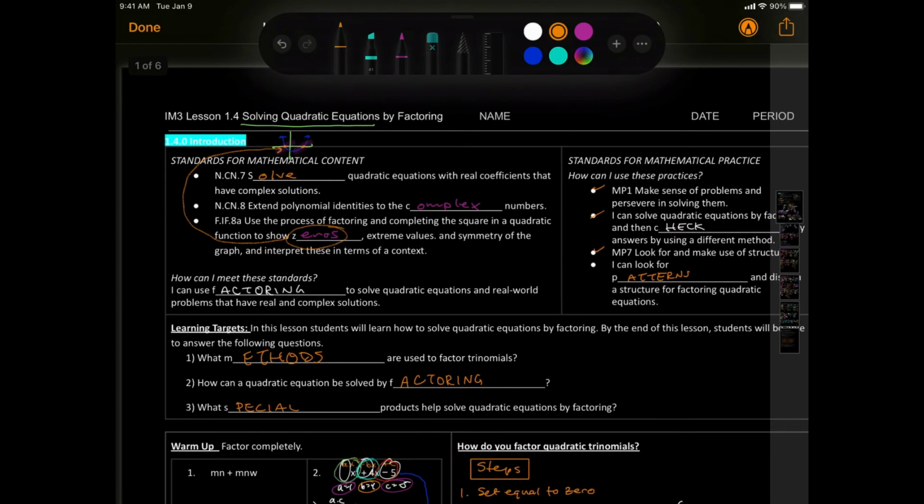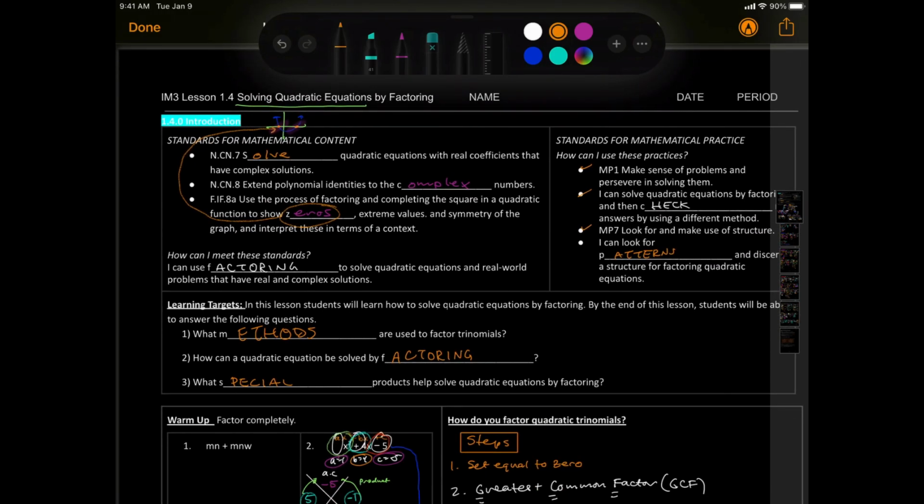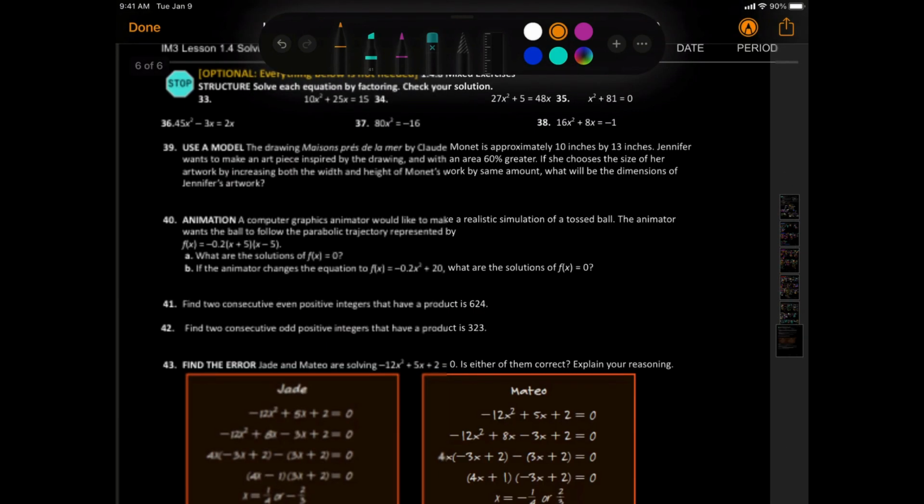So that was lesson 1.4, solving quadratic equations by factoring. We didn't check our answers for those bottom ones, so let me check one.